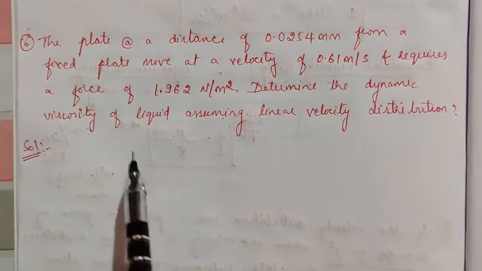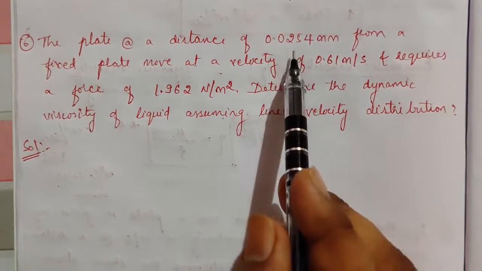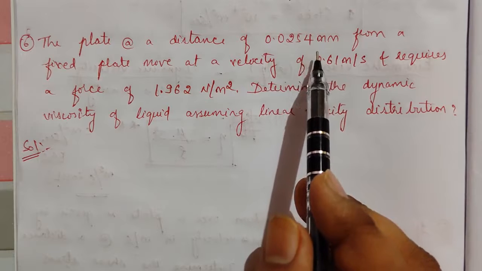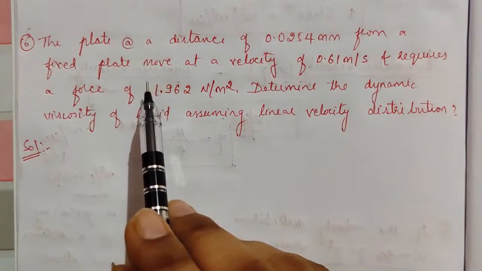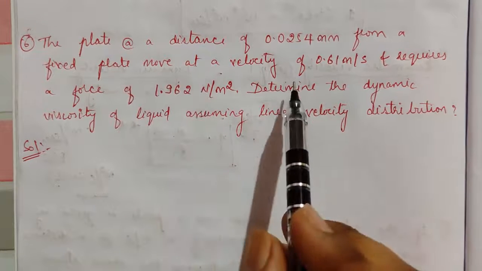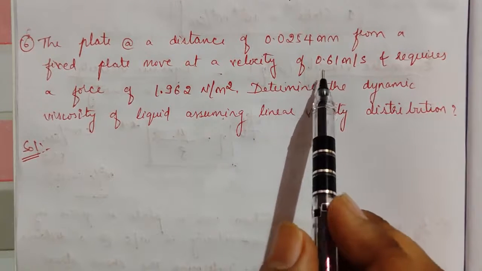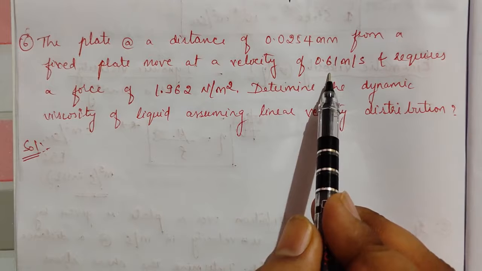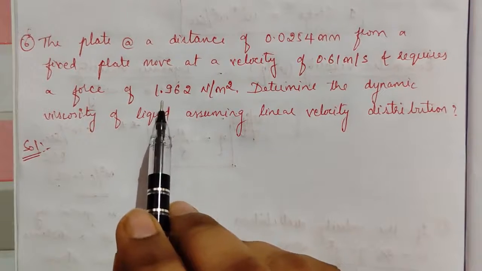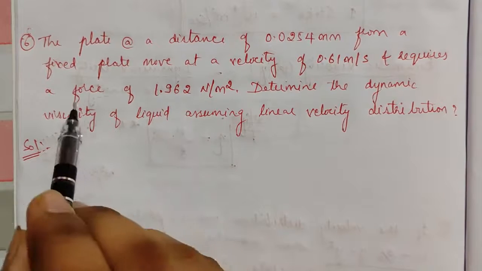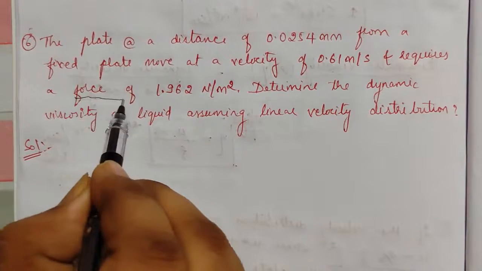Two plates are there, one is moving with a velocity of 0.61 meter per second and one is fixed. The force required in this case is nothing but the shear stress.